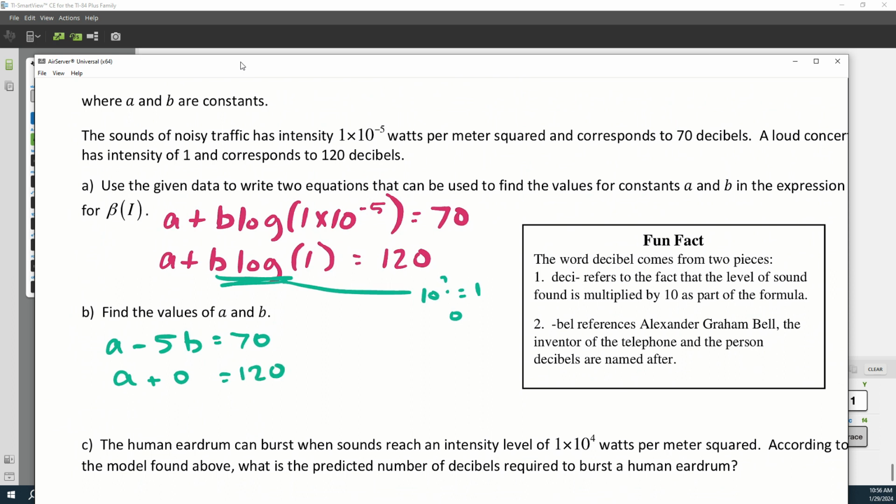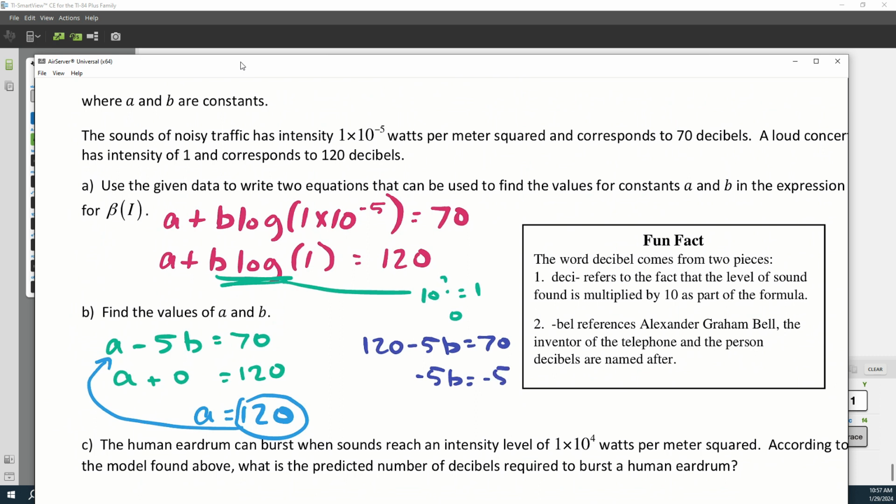Which is nice because we already know what A is. So then real quickly I can take that and plug it back in for A, and then I can find B. So this is one that you could do without a calculator at all.